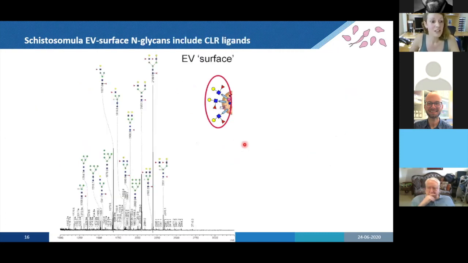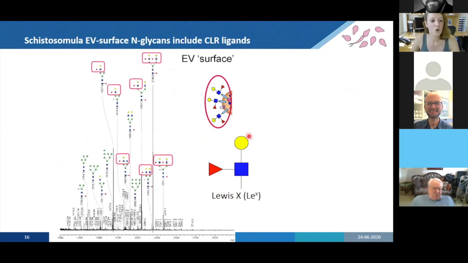And what we did see was that there was actually a real difference between the glycans on the surface and on the inside. On the surface, we mainly found complex glycans containing what we call a Lewis X motif. Lewis X was already known from being present in egg material, but also in schistosomal material.